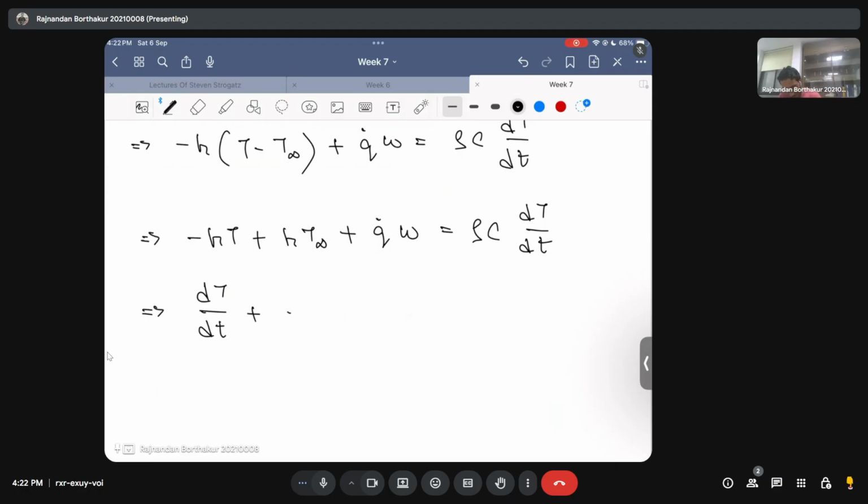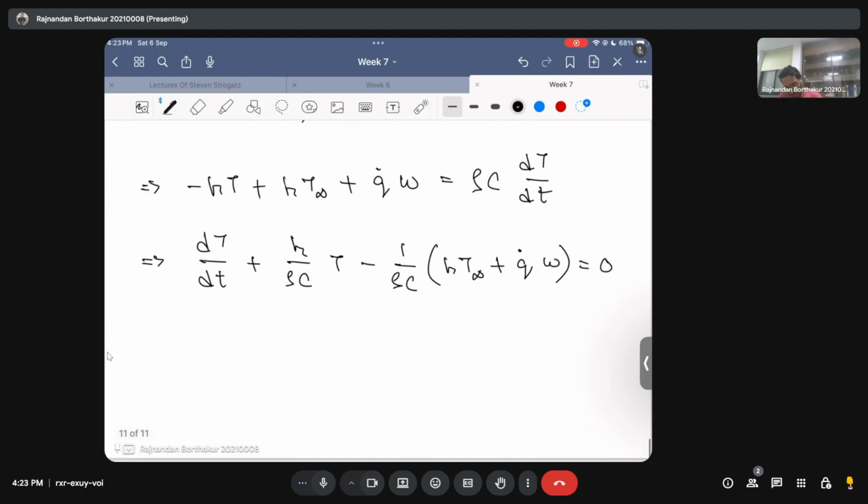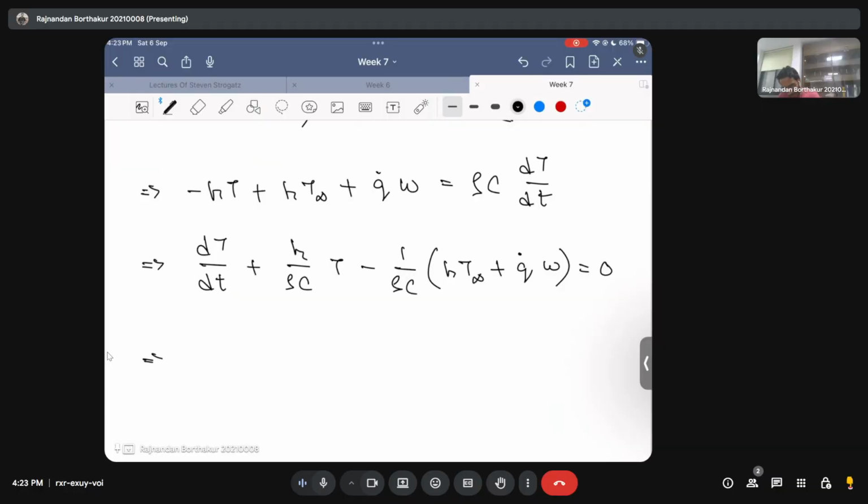So this becomes h by rho C times the temperature, minus 1 upon rho C times (h T infinity plus q dot W), equal to 0. Maybe I'll keep the source term on the other side only. So this becomes dT/dt plus h by rho C times T equal to 1 by rho C times (h T infinity plus q dot W).